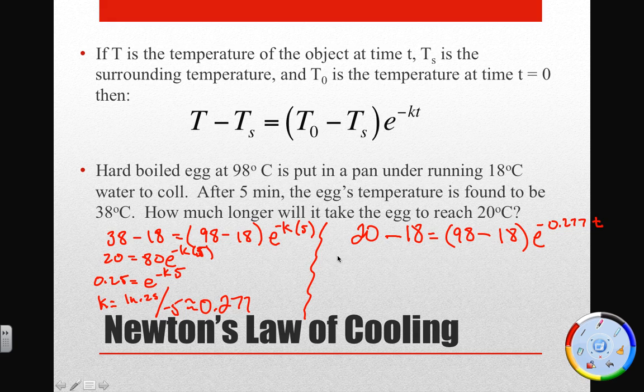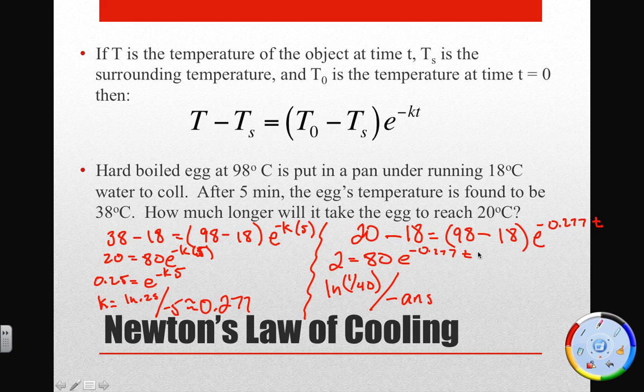Again, we just do some simple math. 2 is equal to 80 e to the negative 0.277 t. Remember that 0.277 is still on your calculator. Following the process, we're essentially doing the ln of 1 over 40, or 2 over 80, divided by negative ans, or 0.277.